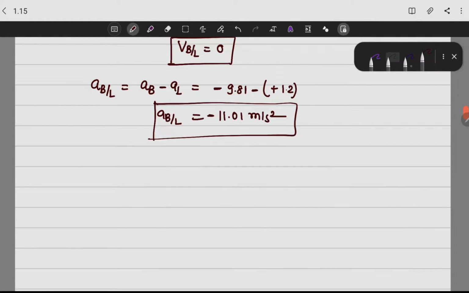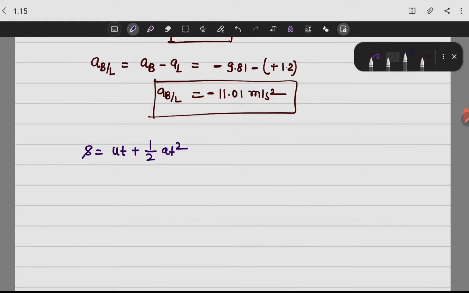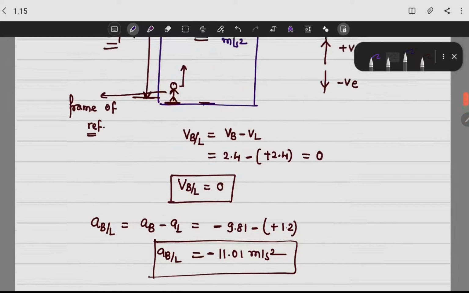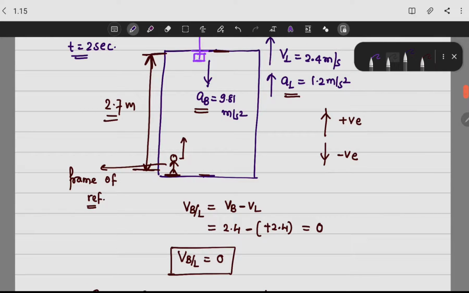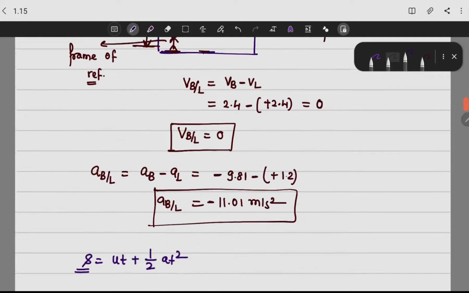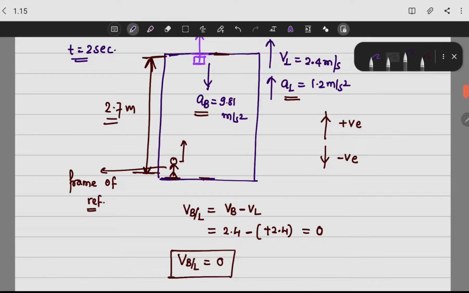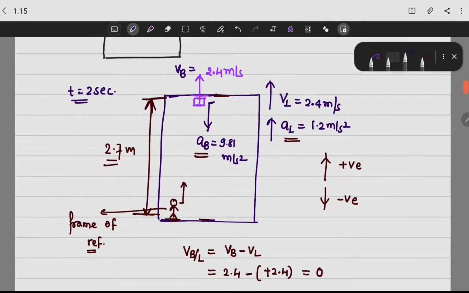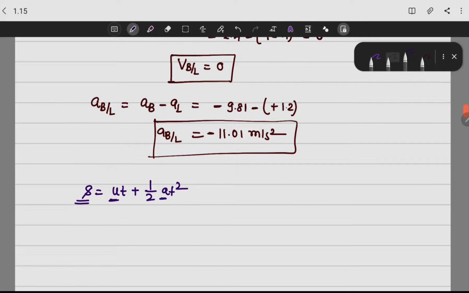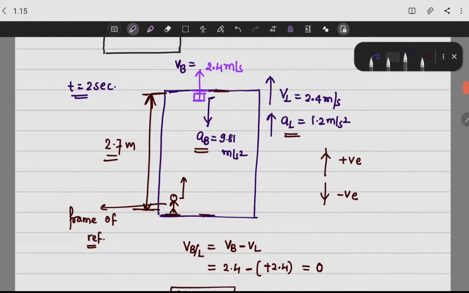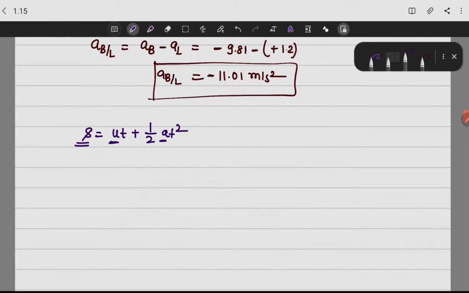So again from the equation of motion we can write S is equal to ut plus half at square, where the distance is with respect to the frame of reference, that is the distance traveled from ceiling to the floor, u is the initial velocity of the bolt with respect to the lift, and the acceleration is also the acceleration of the bolt with respect to the lift.